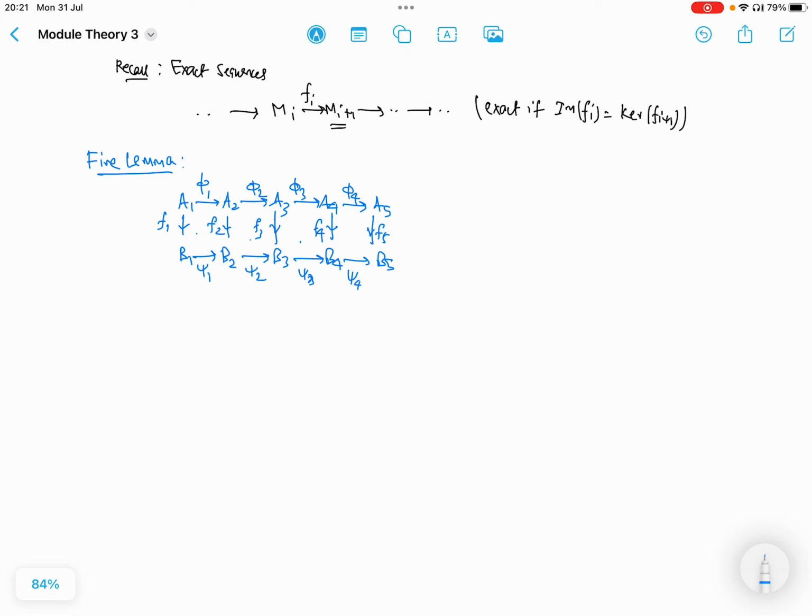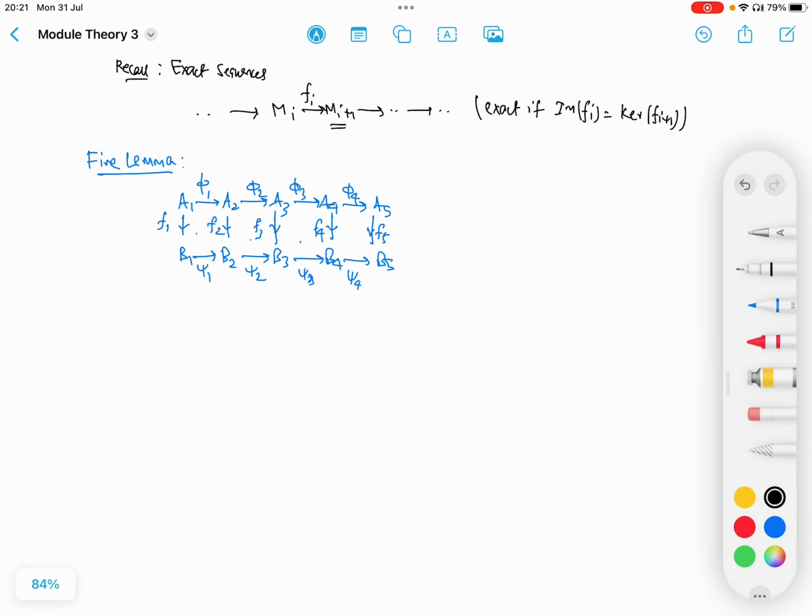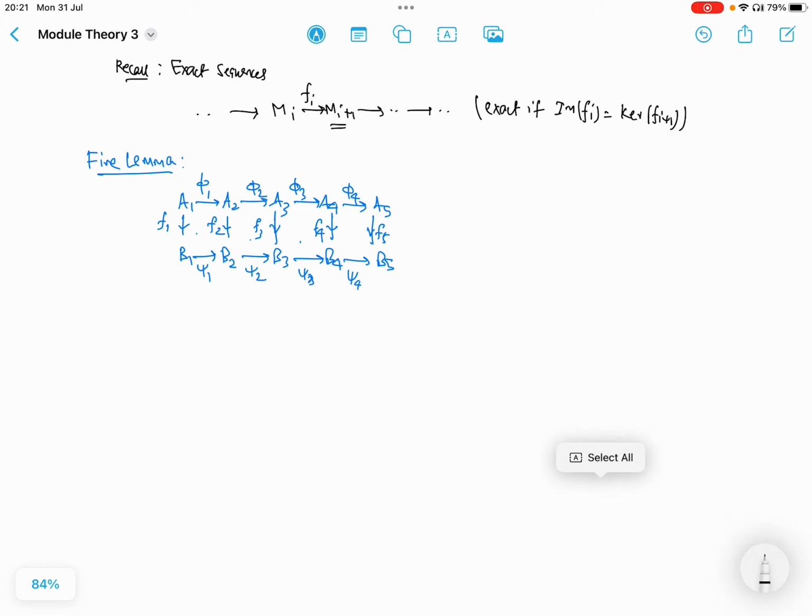That means if you go from A1 to say A2 and then to B2, it is same as going in this way to B1 and then to B2. So by this we mean the square is commuting, and this is true for each of the four squares.